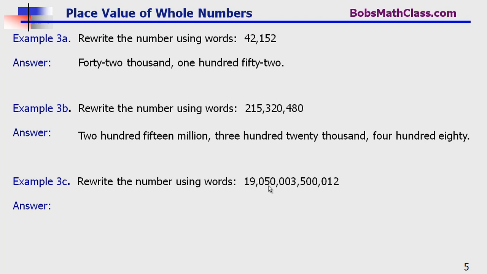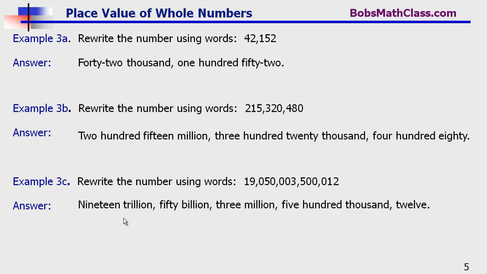And then after trillion, this is going to be 50 billion, 3 million, 500, that's 1,000, so 500,000. Last period is simply 12. 19 trillion, 50 billion, 3,500,012. And after each period, a comma. Don't forget those commas.